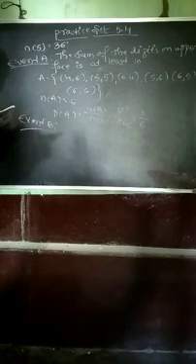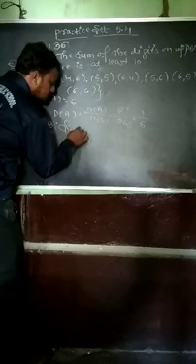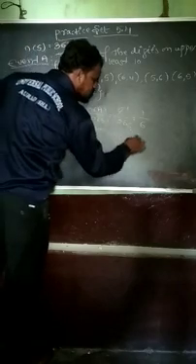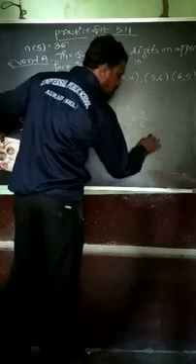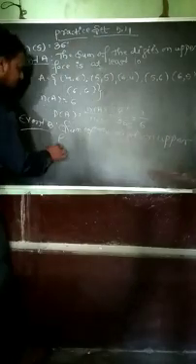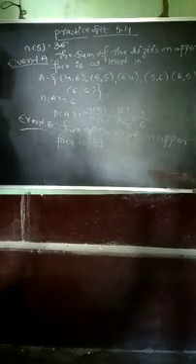So next, event B: the sum of the digits on the upper face is 33. So 33 is impossible, right.